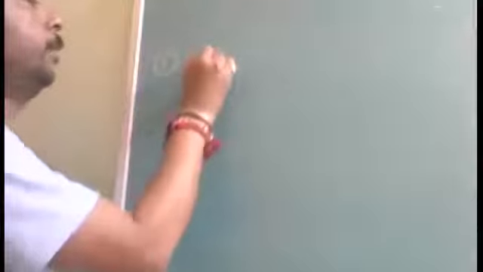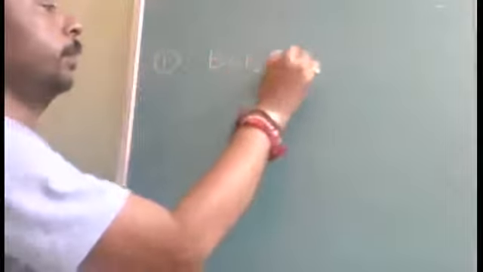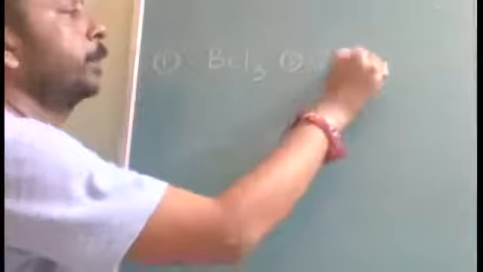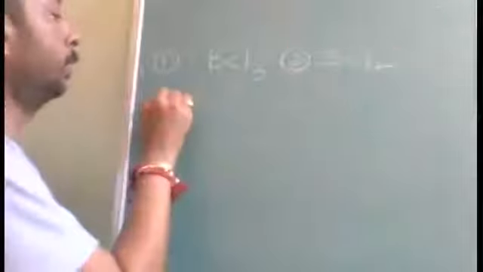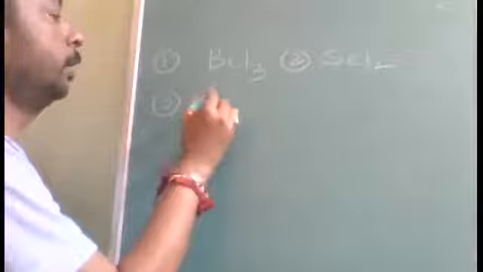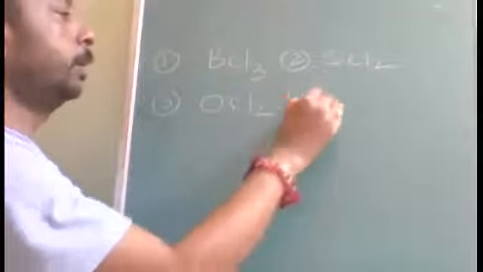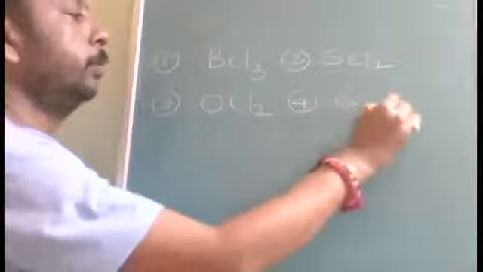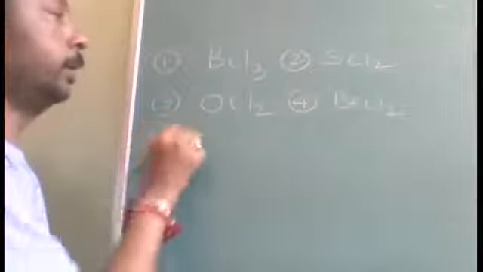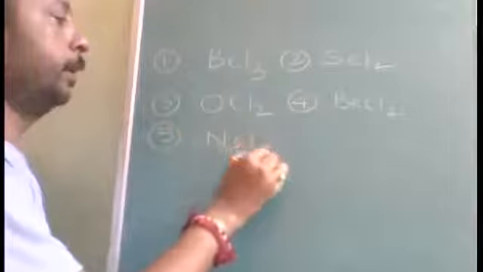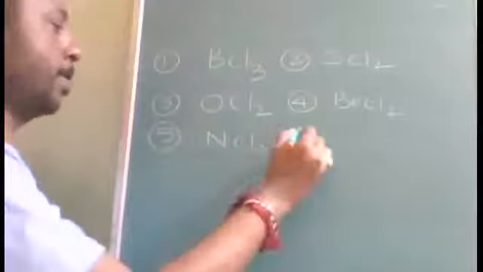The first one is BCl3. The second one is SCl2. The third one is OCl2. The fourth one is BeCl2. The fifth one is NCl3.